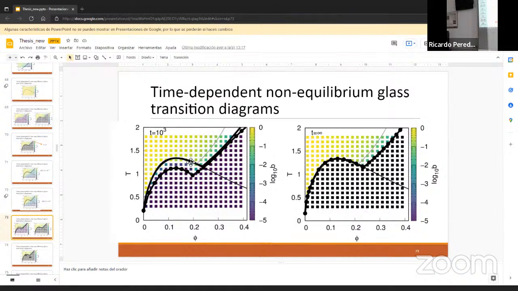For example, we know that we will have a critical point. The susceptibility of the system shows up over the critical point. Okay. In this case, we show the protocol that we have to follow.